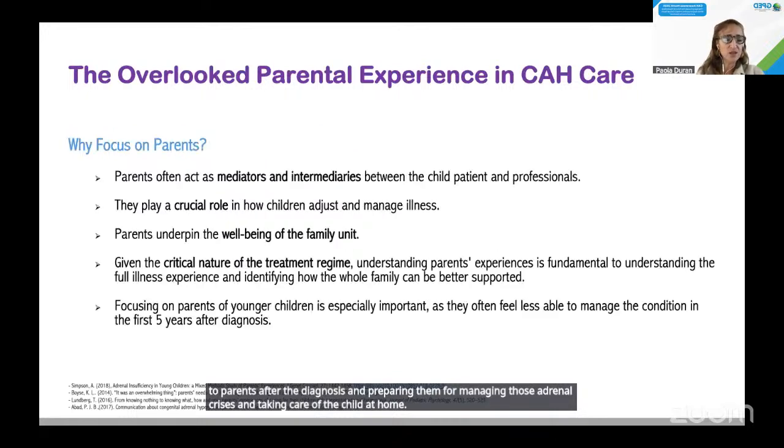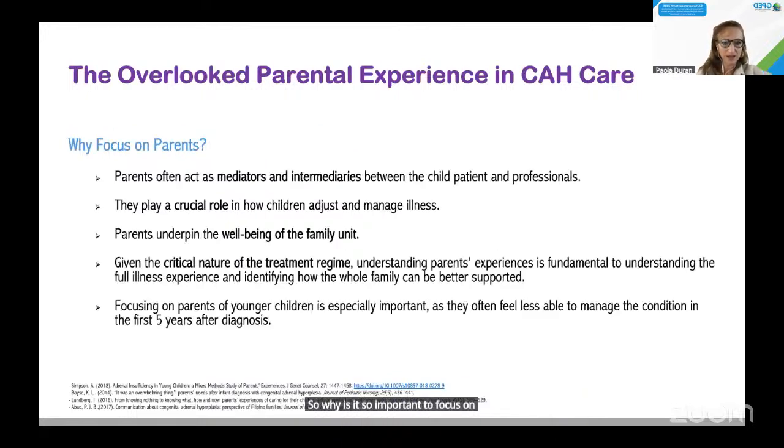So why is it so important to focus on the parents? The parents and the caregivers are the mediators between the child and the professionals, and they play a crucial role in how the children adjust and manage the illness. They also underpin the well-being of the family unit.